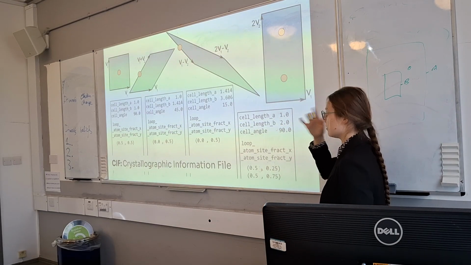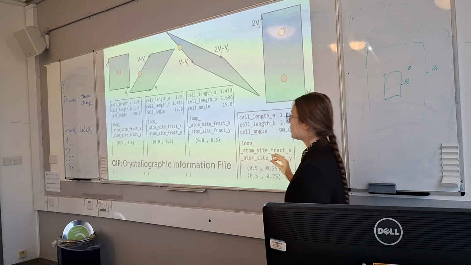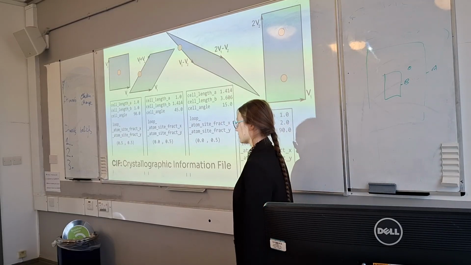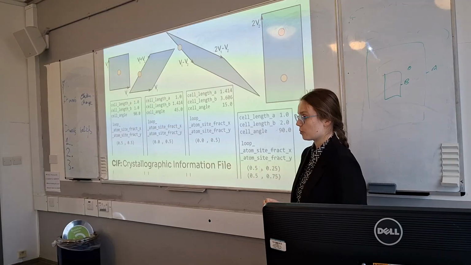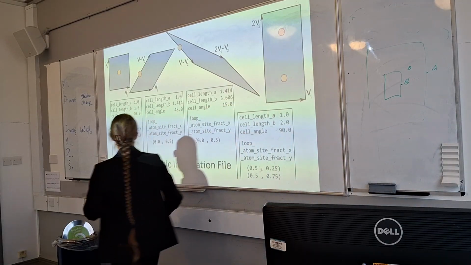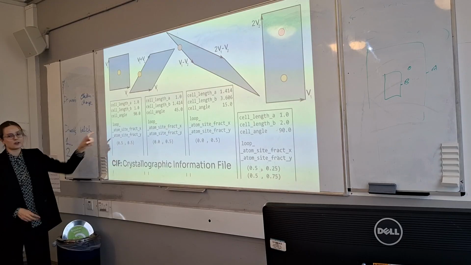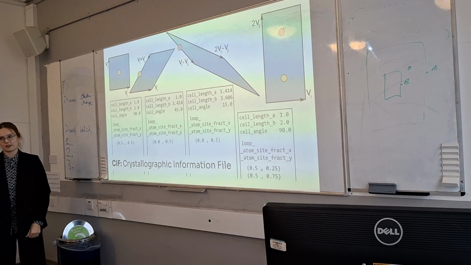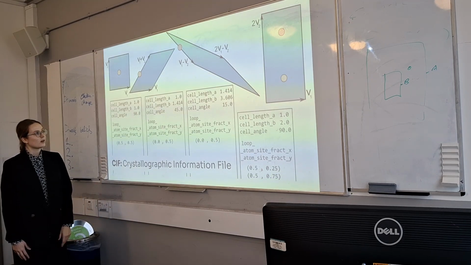Length A, usually it's A, B, C because it's in 3-space, but here I've just put 2 lengths, A and B, and an angle between, basically the angle between the 2 vectors. And below here, these are fractional coordinates. Let me explain. 0.5, 0.5, it's in the middle. These are fractional because they're in terms of these lengths. You really shouldn't call them fractional, but that's how they do it.